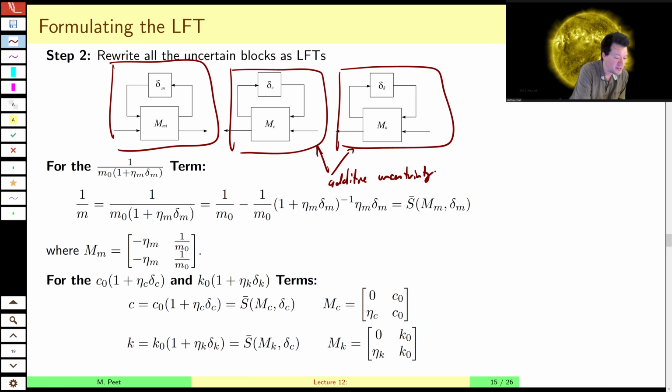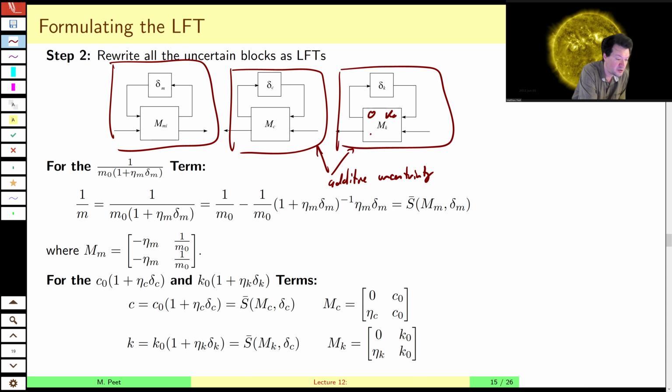And so we know how to represent these as an LFT. Right here they're going to the left, but actually in the block diagram they also went to the left. And we of course write things from the left to the right in order to get the equations. They become easier to write down. Right, so if we plug in here, 0 C naught. Oh, sorry, right, that's K.